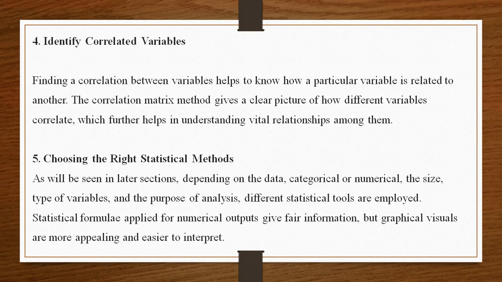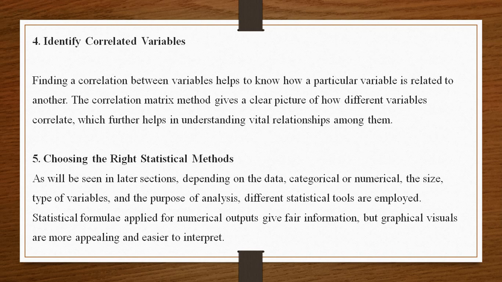The next is identifying correlated variables. Here I am going to find the correlation between the variables, which is going to help me know how a particular variable is related to one another. The correlation matrix is going to give me a clear picture, and this is going to help me understand the relationship among them. Then the fifth point is I'm going to select the right statistical method.